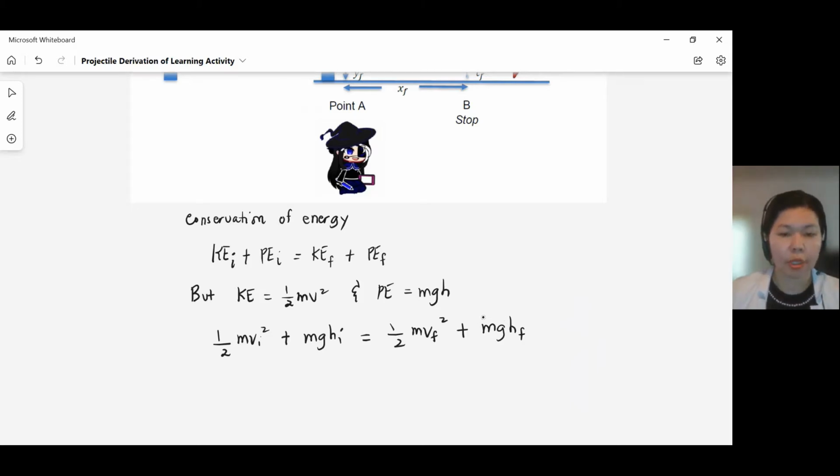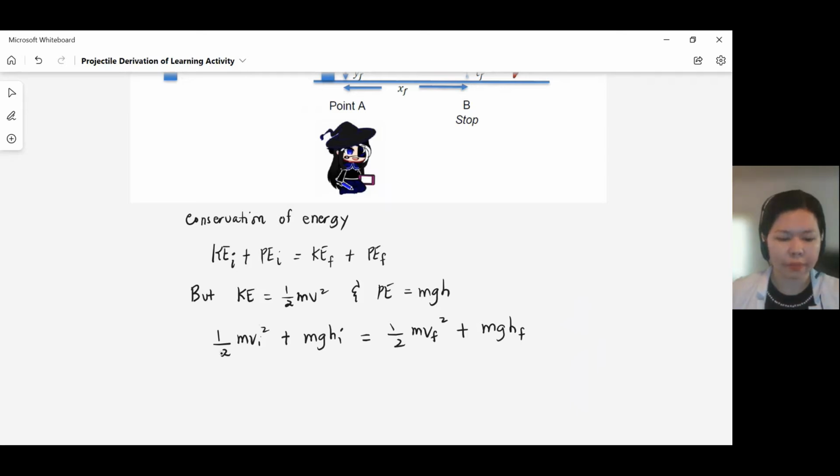But before the hole is opened, KE initial is equal to 0. And after the hole is opened, PE final is 0.